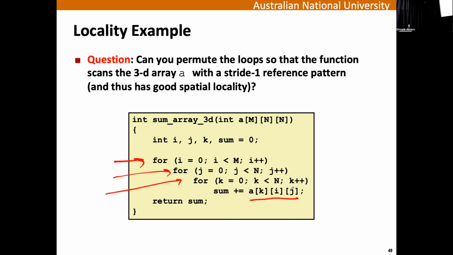Pretty sure that code is wrong anyway. A is m by n by n, and it's iterating in the wrong order for it to be m by n by n. Wait, you're talking about this or this?